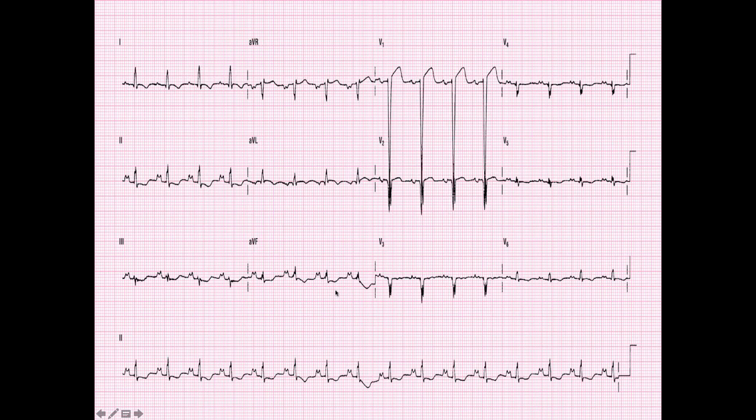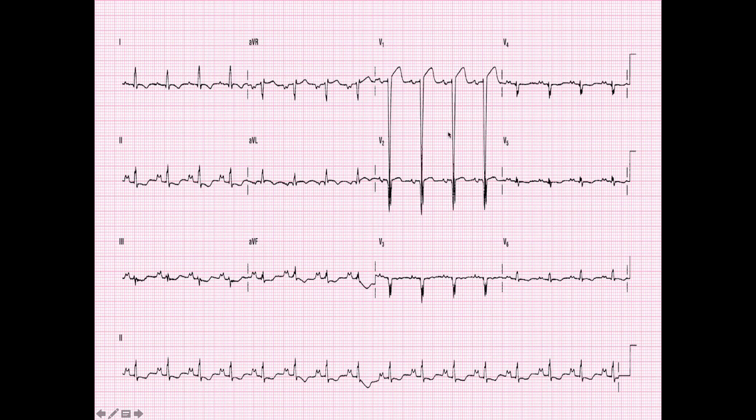So no axis issues. Do we have bundle branch block? Kind of looks like we do, maybe. I didn't measure that, so maybe just barely, maybe not. So it doesn't look like we do. I'm trying to measure with my eyes right now.